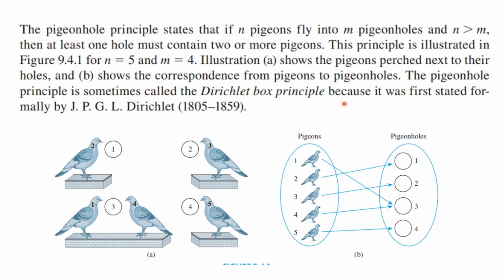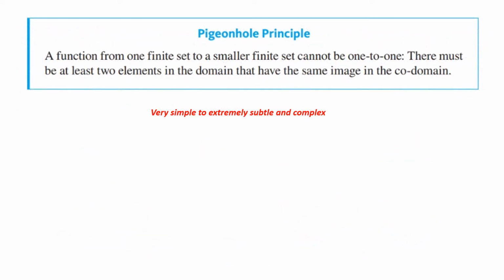Okay, the pigeonhole principle is sometimes called the Dirichlet box principle because it was first stated by this great mathematician long ago. Now, that was not really in math speak, so here's what we will say in math speak for the pigeonhole principle.